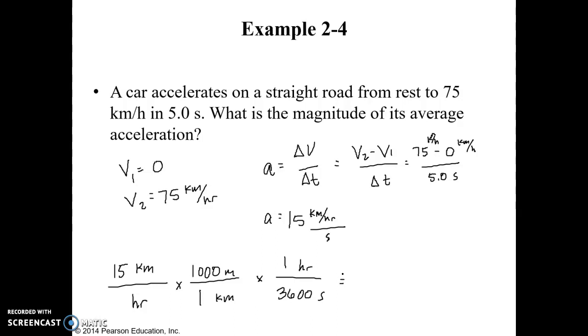If I multiply that out, I get 4.2 meters per second. So my acceleration is equal to 4.2 meters per second per second, or we write that as 4.2 meters per second squared. Okay, so those are our units of acceleration, meters per second squared.